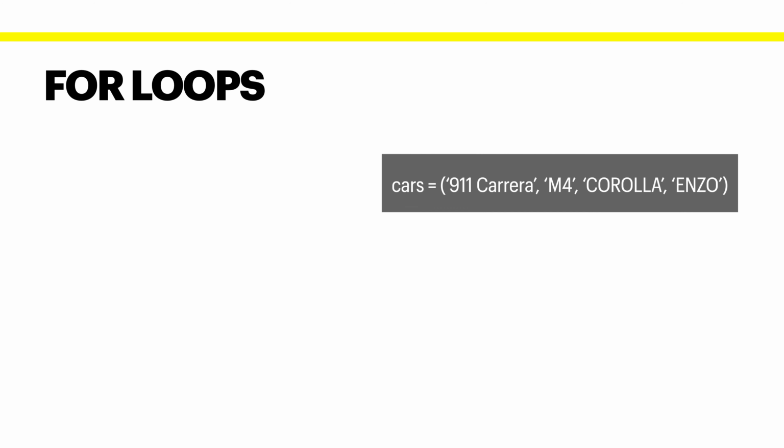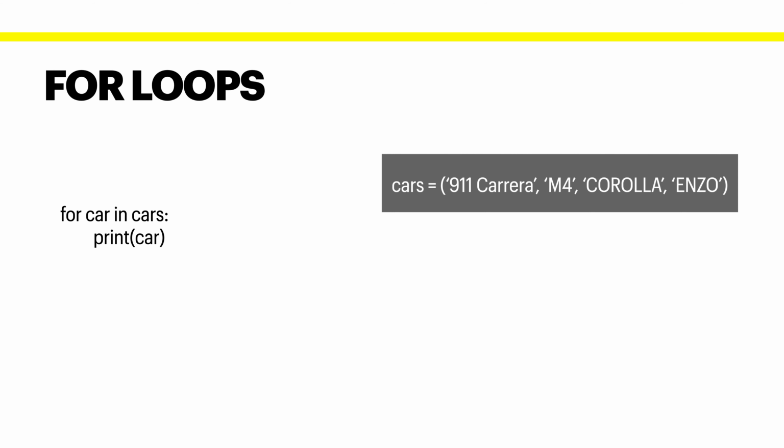So let us consider the tuple named cars, and the content of the tuple is as follows. To iterate through this tuple, we need to follow the same procedure. We write the for loop with the keyword for. Then we write a name with which we would like to reference each element.